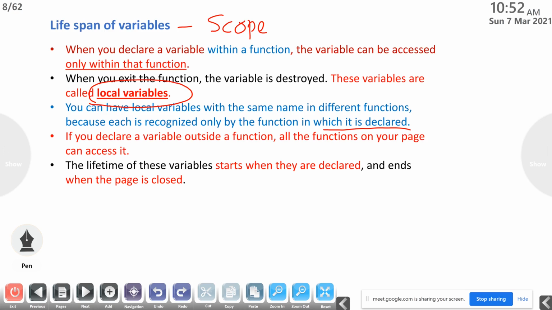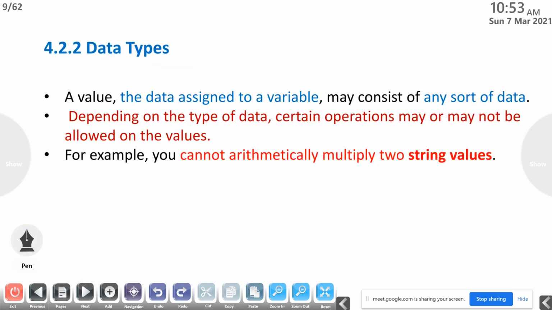That type of variable we call a global variable. How can we declare a global variable? It should be declared outside of all the functions. Its lifetime starts when it is declared and ends when the page is closed.